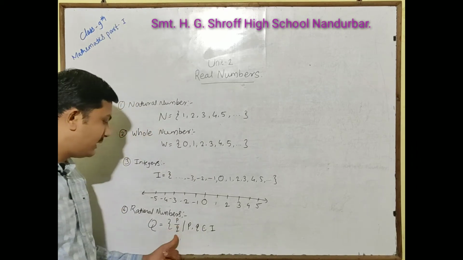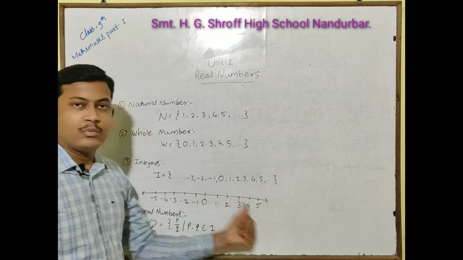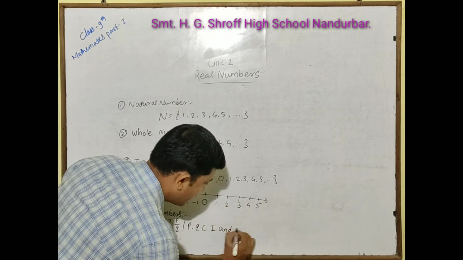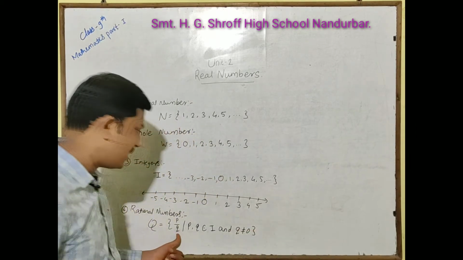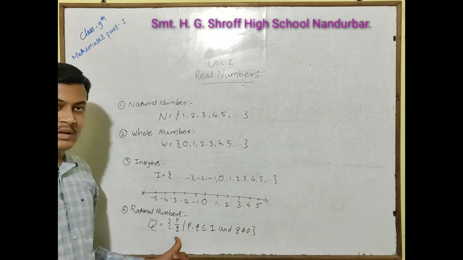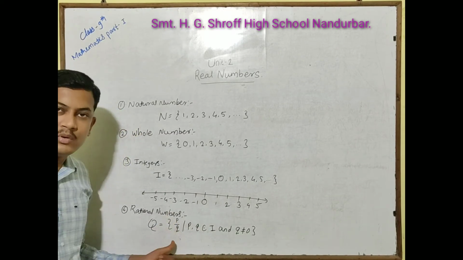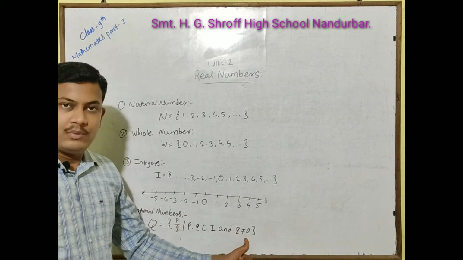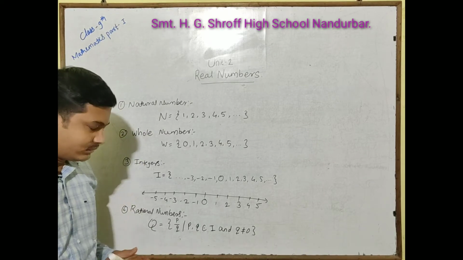It means the elements of p and q will be elements of the integers. And the condition, that restriction, is that q should not be equal to 0. Q is a denominator. If the value of q is 0, that is p upon 0, such a number is not defined. So we have given the restriction here that q should not be equal to 0.